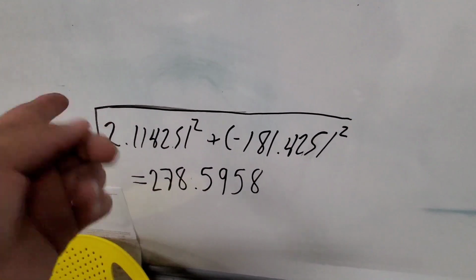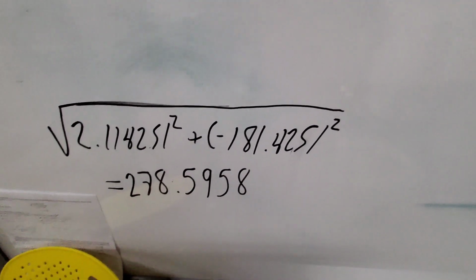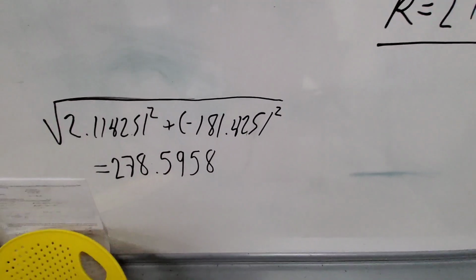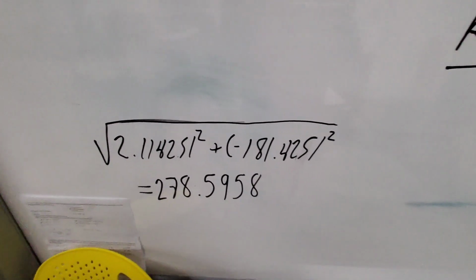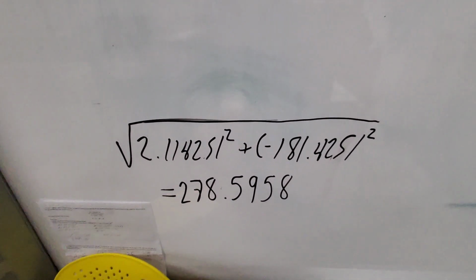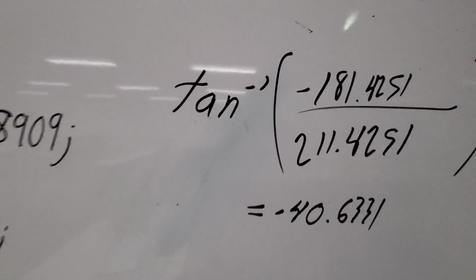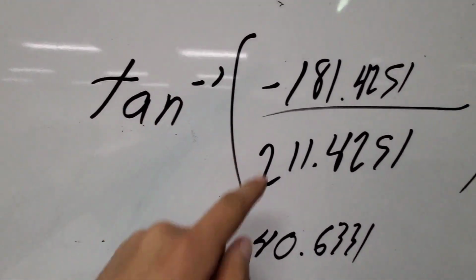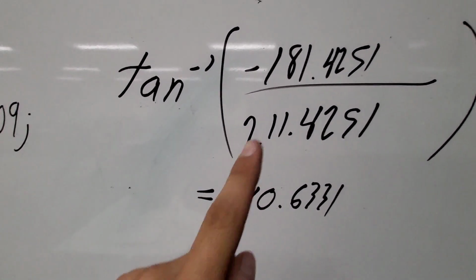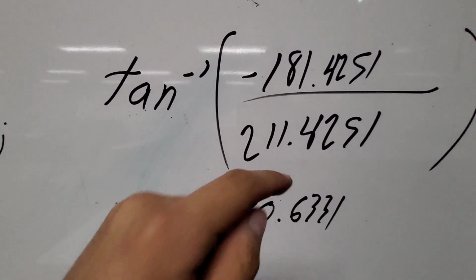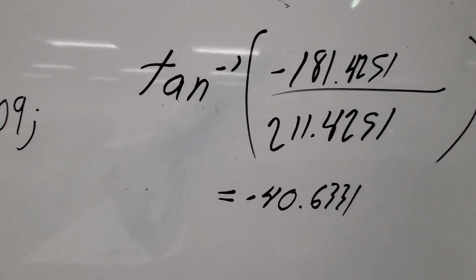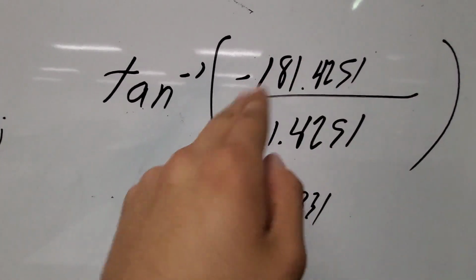We put this in the calculator, and this is our result for the magnitude. And for the direction we use tangent to the minus 1 of the opposite divided by the adjacent.